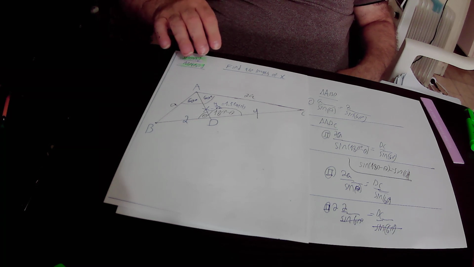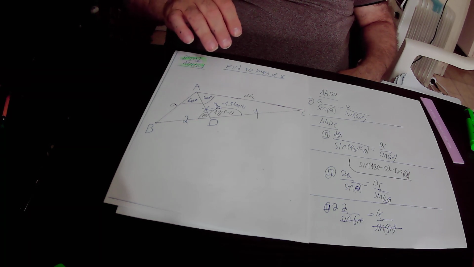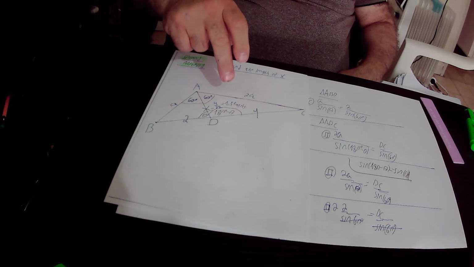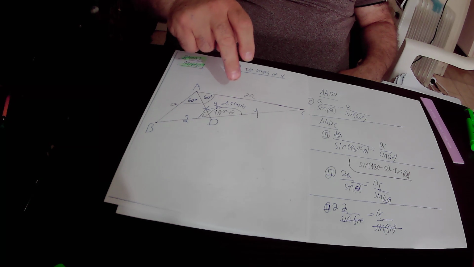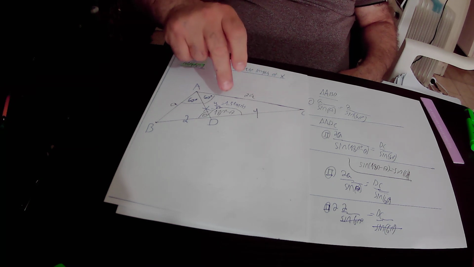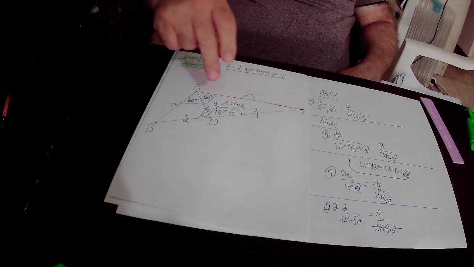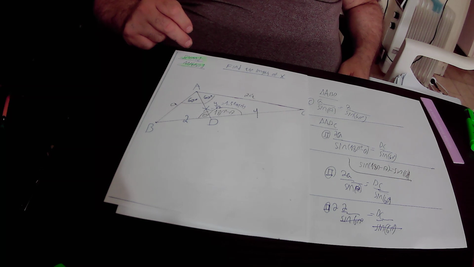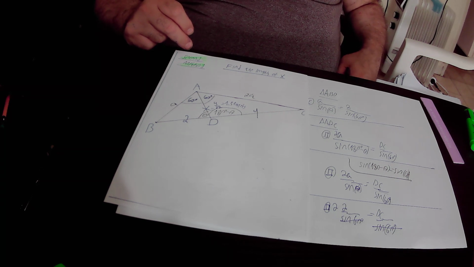Then we implemented the law of sines in triangle ADC. In triangle ADC, we get that 2a over sine of 180 degrees minus theta equals DC over sine 60 degrees. And we have the trigonometric identity that sine of 180 degrees minus theta equals sine theta. So we can substitute sine of 180 degrees minus theta by sine theta.